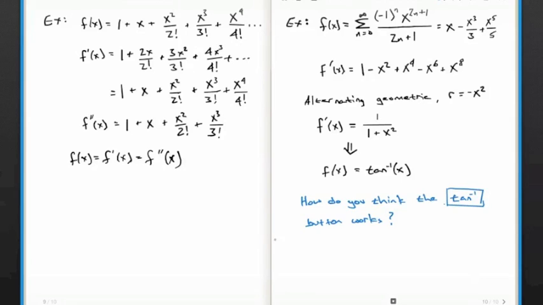Calculators can only do things. I'm going to write this down. Calculators can do 2 things. Add and multiply. That's all it can do.